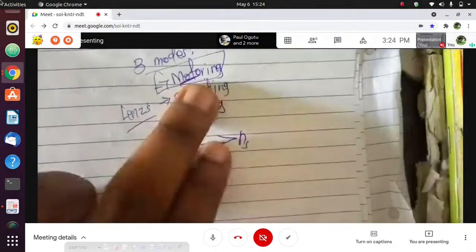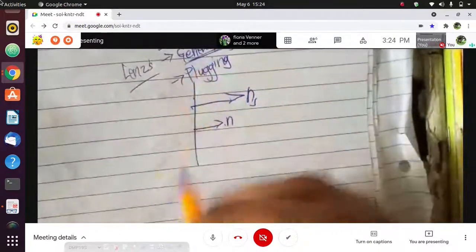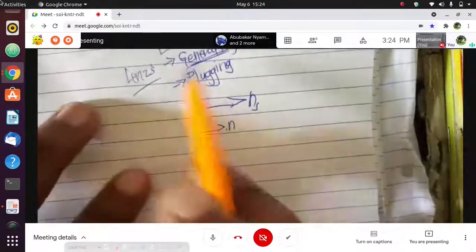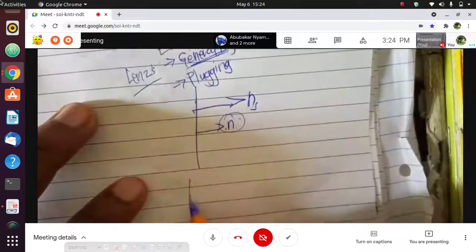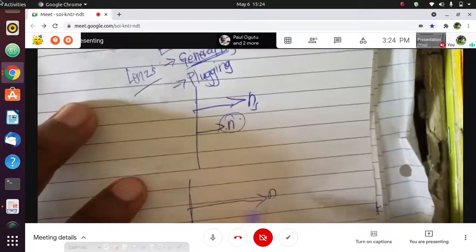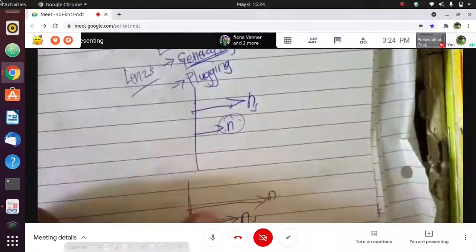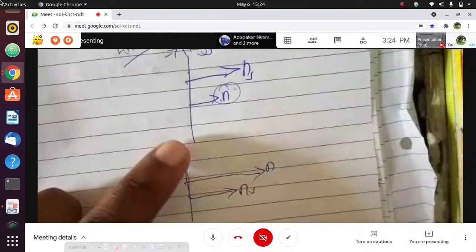That is motoring. Now, the second mode of operation, generating. If the motor speed is adjusted such that the rotor speed is greater than the synchronous speed, and the rotor is still rotating in the same direction as the magnetic field, then what happens?